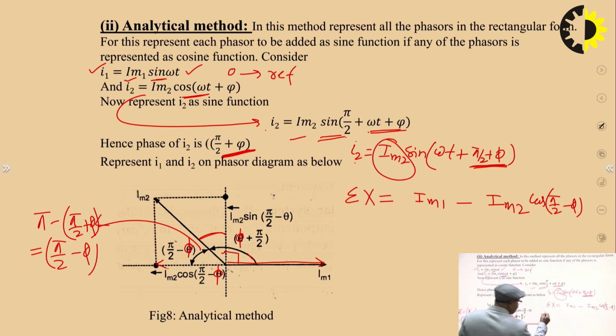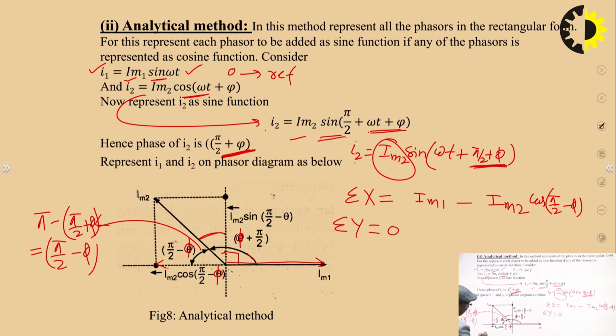Similarly, the resultant phasor along the y axis: the component of this along the y axis is 0, and the component of this along the y axis, you can say, this is y, this is IM2, its component along the y axis, this component. So what will be this component?